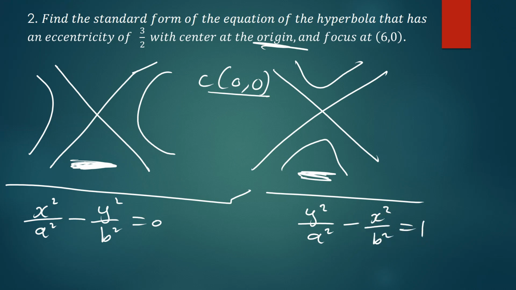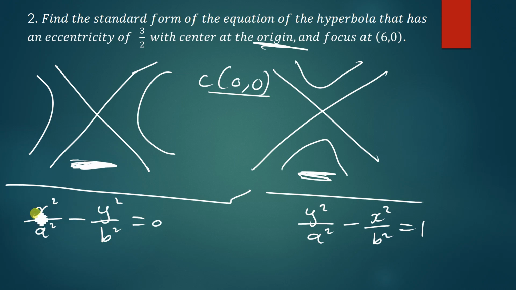So the way you know whether this is in the x or in the y direction is by checking the value that is positive. The term that is positive tells you the orientation of the geometry.